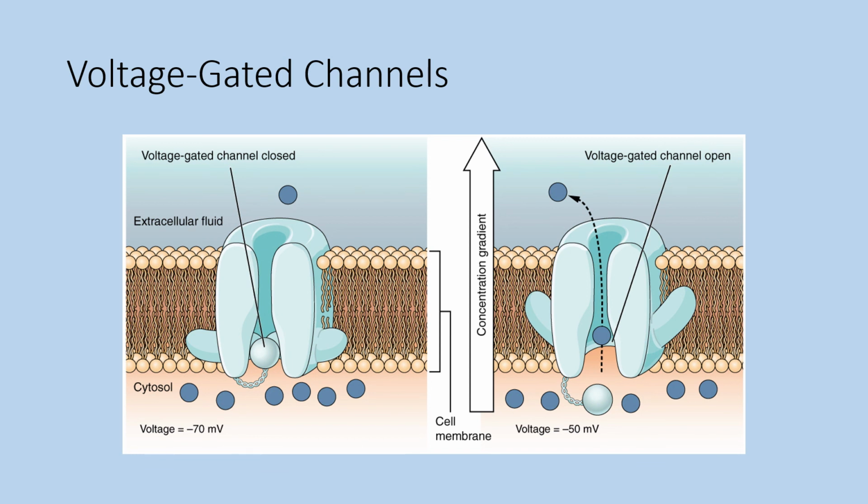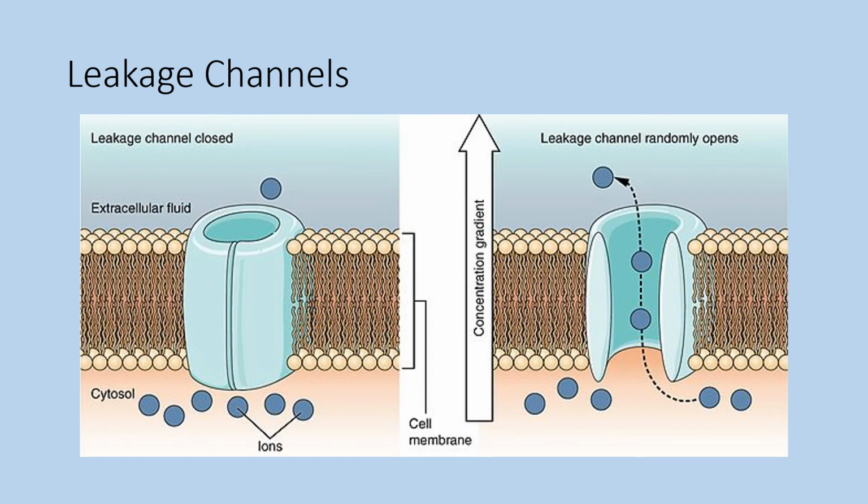So you've got your ligand that responds to chemicals. You have your mechanical that responds to distortions. You have your voltage gates that respond to electrical charges. And then you have some that are referred to as leakage channels. And some of these just essentially are open all the time. And some of them are just random as to when they open or when they close.